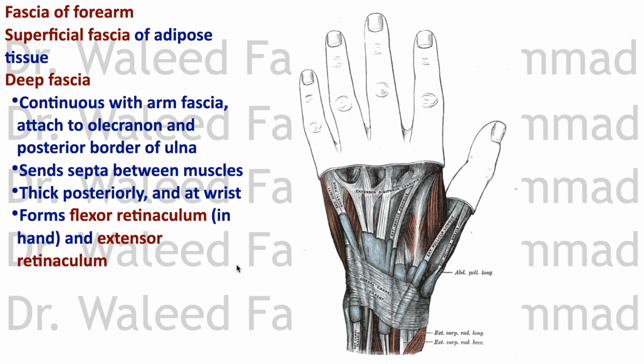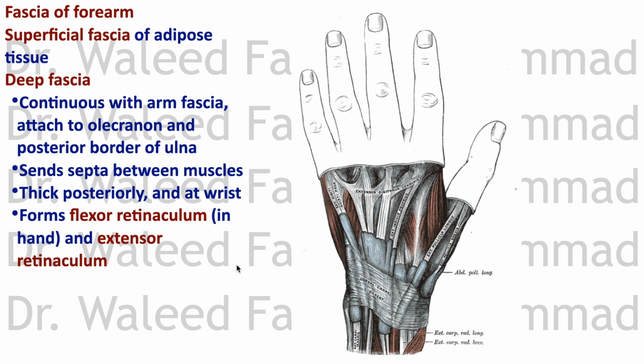Now for the fascia of the forearm. There is superficial fascia and deep fascia. Superficial fascia, like the rest of the body, is of adipose tissue and continuous with the rest of the body, the rest of the arm in this case. The deep fascia, continuous with the arm fascia, attaches to the olecranon and posterior border of the ulna, and sends septa between muscles.